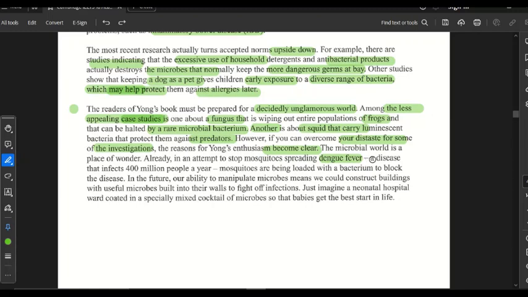Now, dengue fever, and it describes a disease that infects 400 million people a year. Mosquitoes are being loaded with a bacteria to block the disease. We have talked about dengue fever, mosquitoes being loaded with bacteria to block that dengue fever.